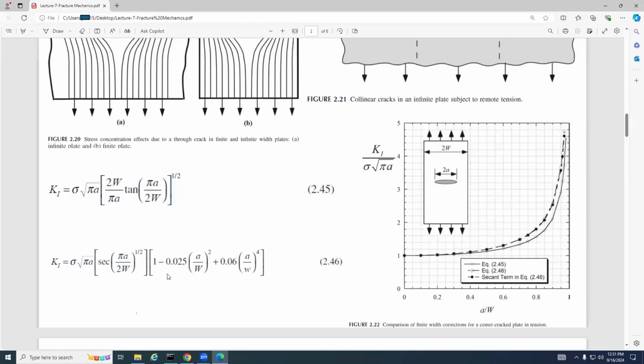How to derive it is the job of mechanics people or mathematical people. Do you agree? We just use what they give us to solve our engineering problems. That's the difference between science and engineering. What is the difference between science and engineering?